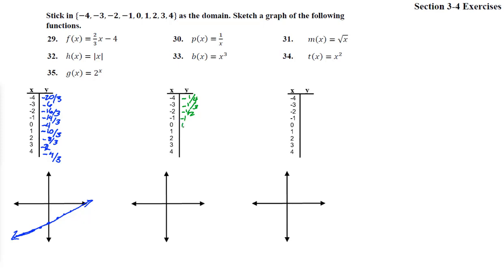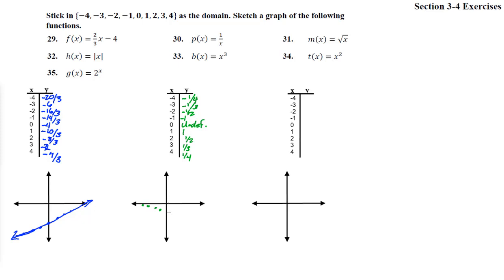No, that is undefined. So we can't stick in 0, so we'll have no y-intercept on this one. Stick in a 1, we get 1 over 1, 1 over 2, 1 over 3, and 1 over 4. So at -4, we're barely down at -1/4. At -3, -1/3, we're a little bit further down. -2, -1/2, we're a little bit further. -1, -1. So it looks like this.